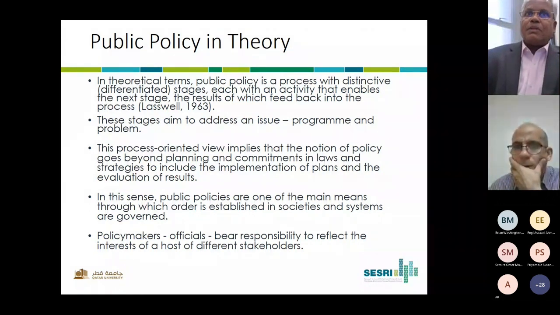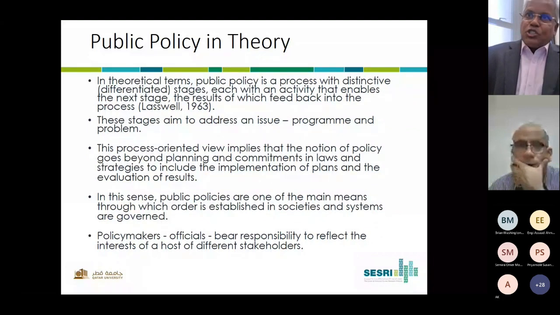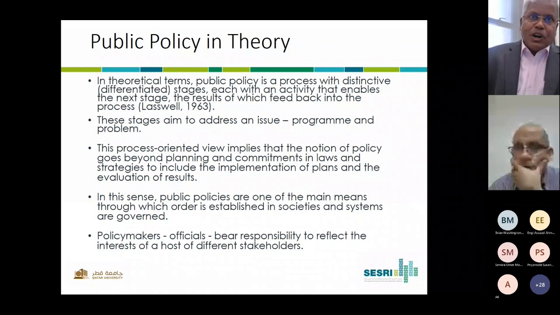So in that sense, public policies are one of the main means through which order is established in societies and systems are governed, which is very important to maintain fairness and order. Policymakers, largely official government officials or organizational officials, bear responsibility to reflect the interest of a host of different stakeholders.